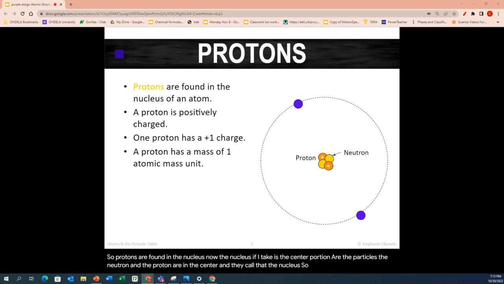Protons are positively charged and have an atomic mass unit of 1.